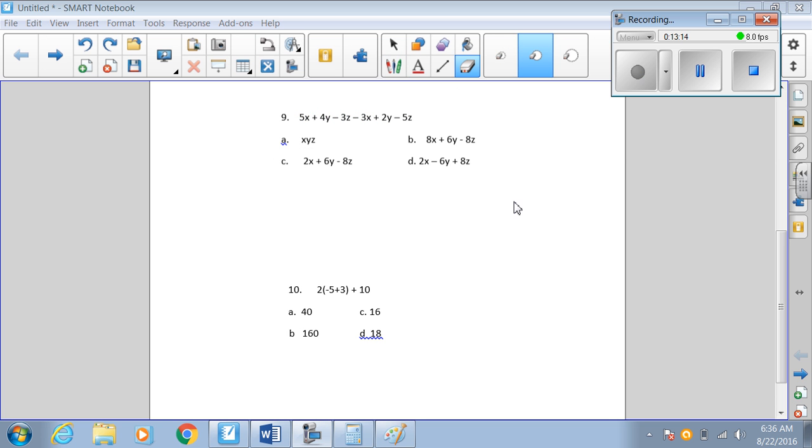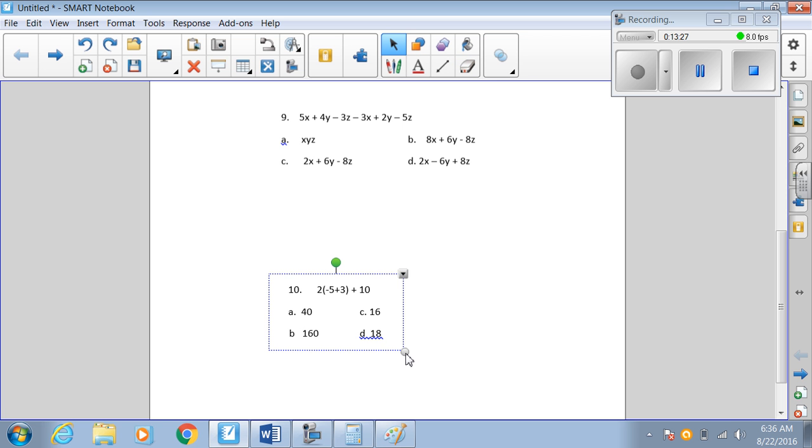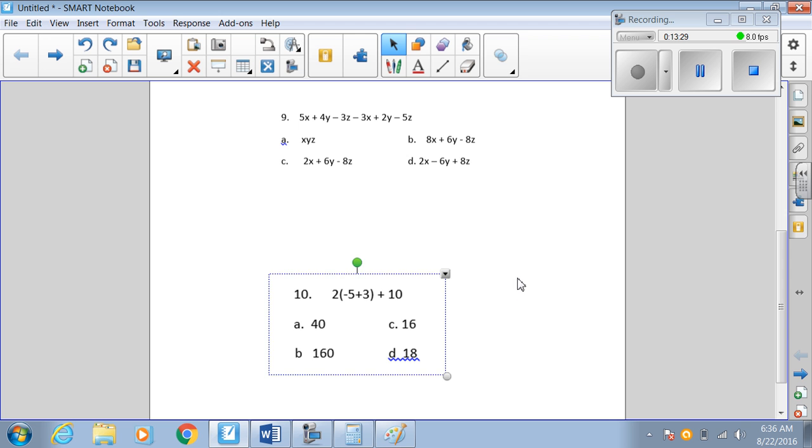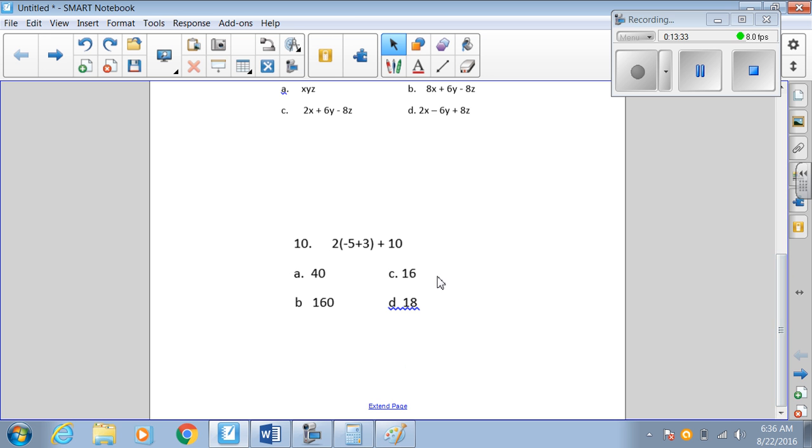Okay, the last one we have is number 10, and it says 2 times negative 5 plus 3, and then plus 10. I'm going to make this a little bigger so we can see that that is indeed a negative 5. Alright, so let's go ahead and work this out.